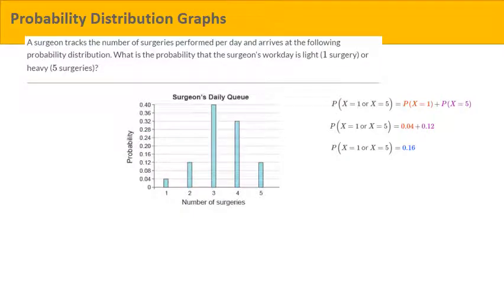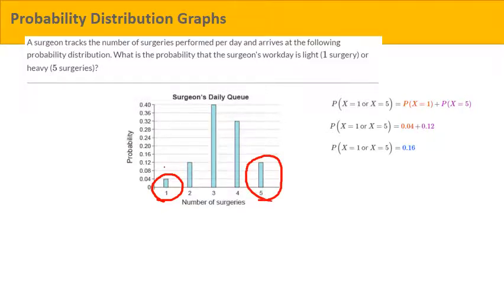All right, here's one that's a little bit more complicated. A surgeon tracks the number of surgeries performed per day and arrives at the following probability distribution. What is the probability that the surgeon's workday is light? That means 1 surgery. Or heavy, 5 surgeries. So we would add up those 2 probabilities.